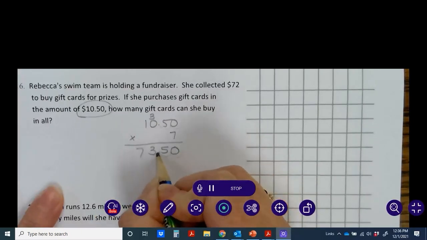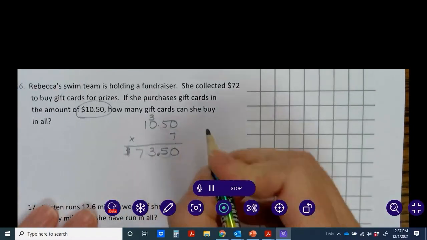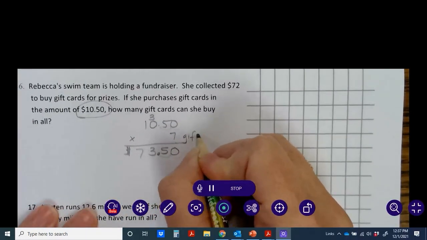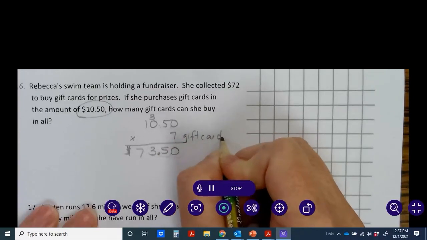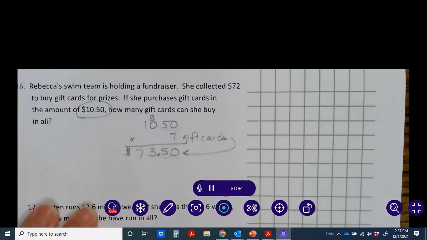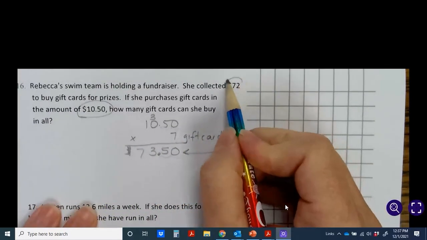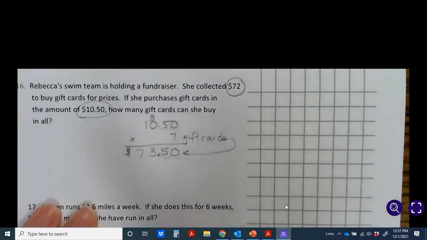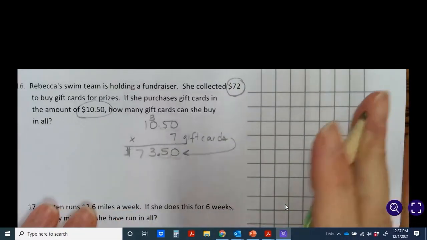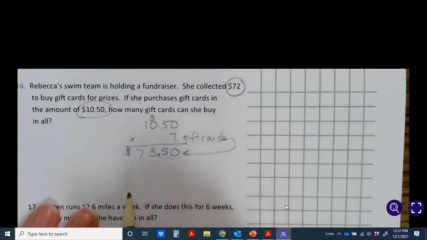That would be 7 gift cards, okay, 7 gift cards would equal $73.50, okay? But she only has $72. So how many gift cards can Rebecca buy? She can't buy 7, she can only buy 6 gift cards, okay?